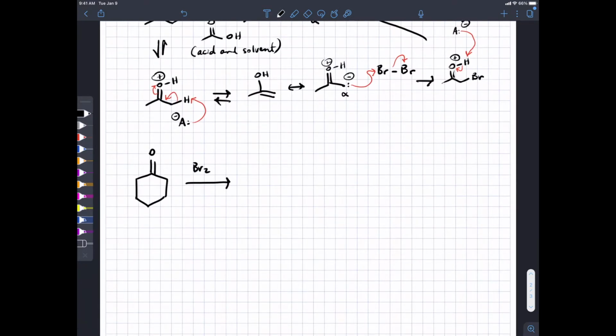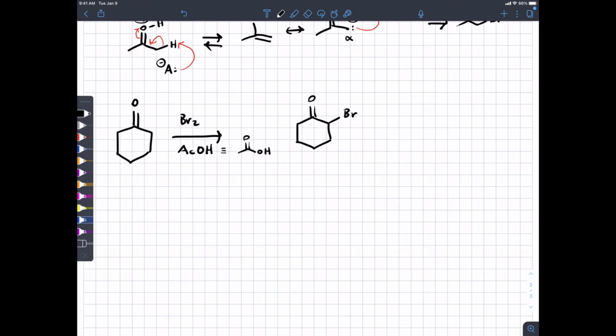So let's install the alpha bromo group. I will sometimes abbreviate acetic acid like that. That's going to first make the enol, which will then react on the alpha carbon to give you this alpha bromo ketone.